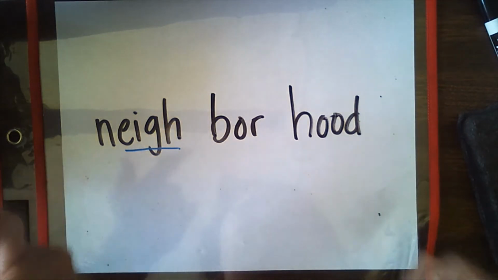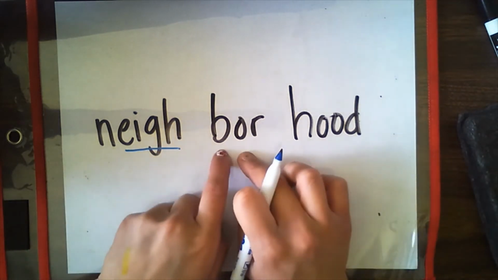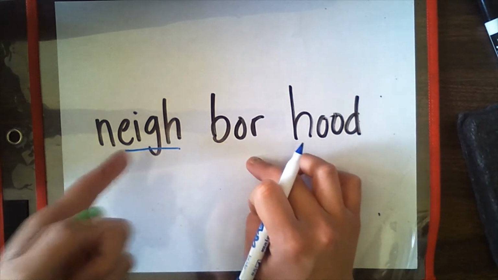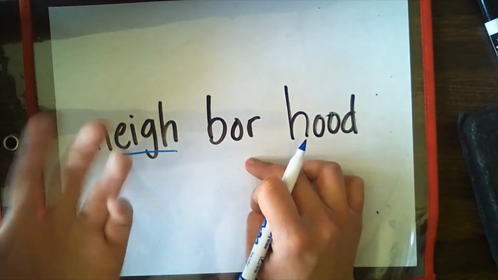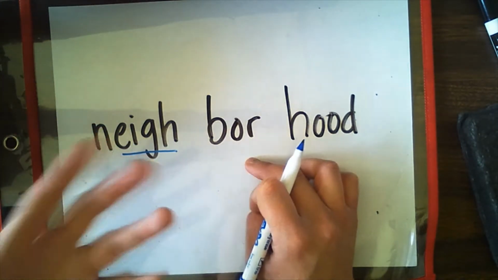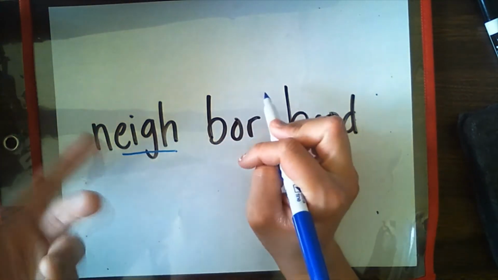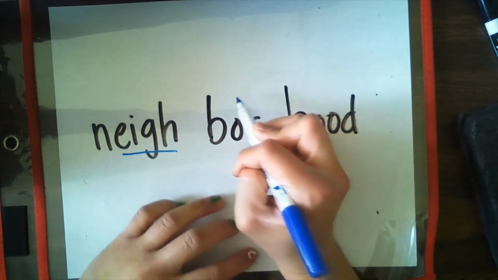Now, you'll also notice that we did not say the O in its usual way. We said neighborhood with a different sound, so sometimes we call that a schwa because it changes the sound.